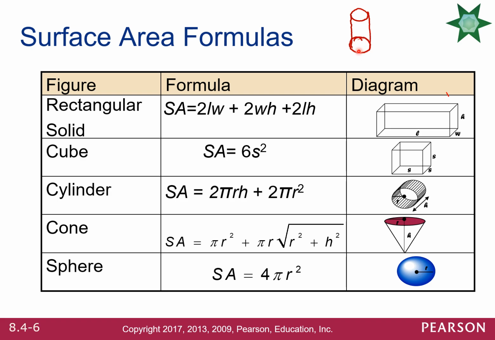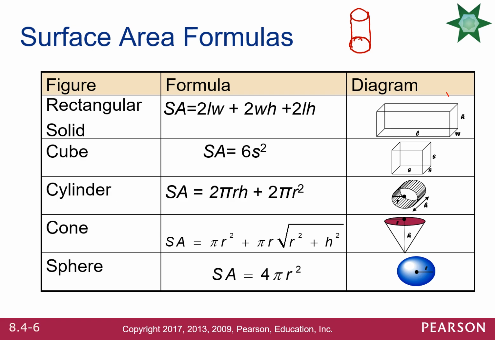So we know how to find the area of a circle. We'll just multiply that by 2, and that's what we have here, 2 pi r squared. And then to find the measure of the area in between the two circles, we take the circumference and multiply it by the height, this height, all right?